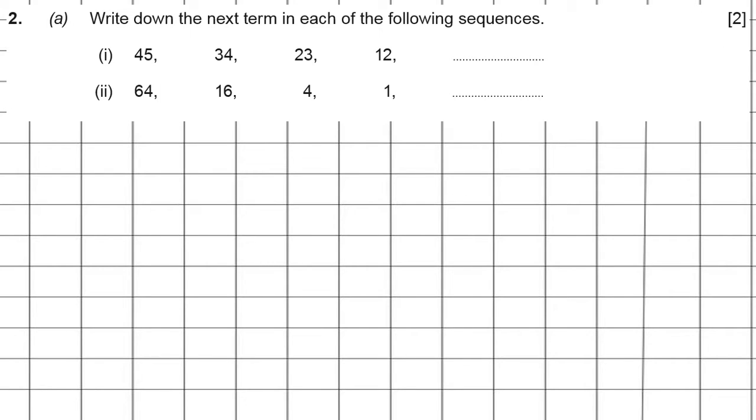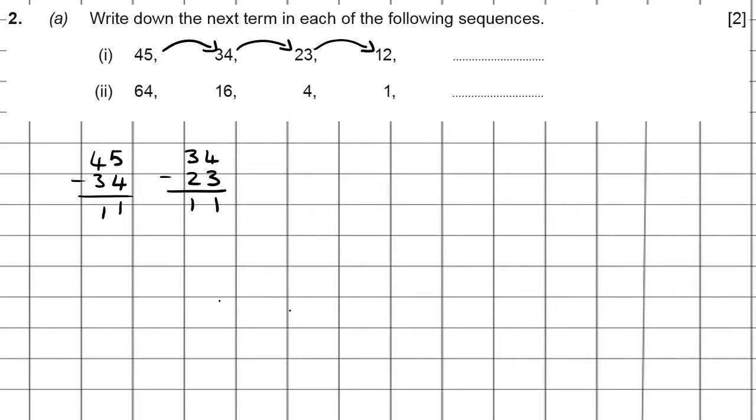Okay, question 2a. Write down the next term in each of the following sequences. To do this, we have to work out the pattern between each number. Let's start with part 1. To get from 45 to 34, that's 11. Let's see how we get from 34 to 23.